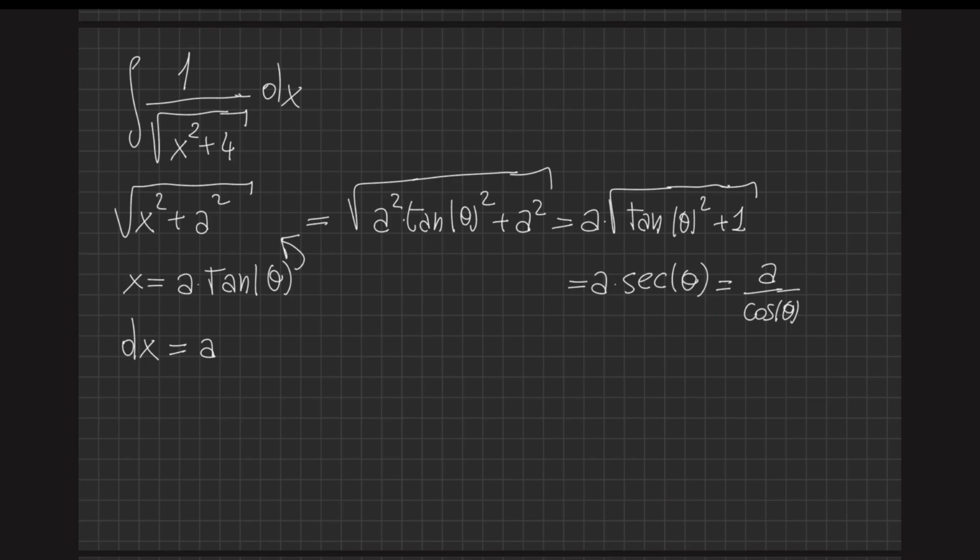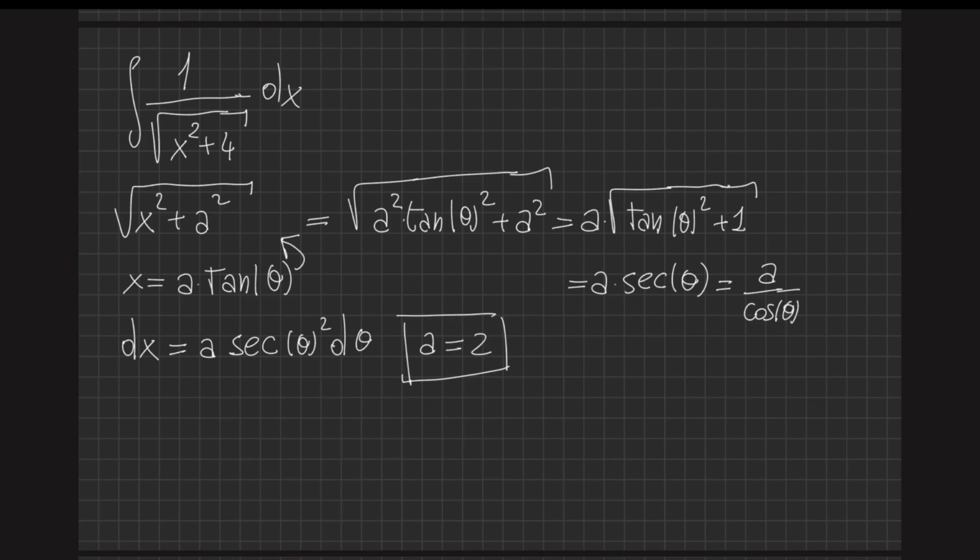So this is a times the secant of theta squared d theta. Okay, great. So now we have to use this change of variables with a equal to 2. So a is equal to 2 in our case.